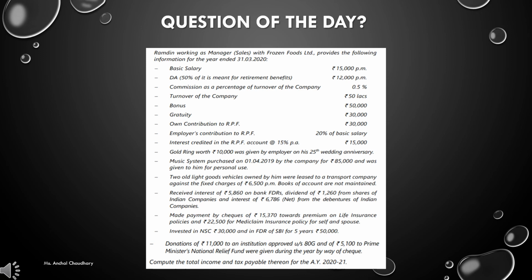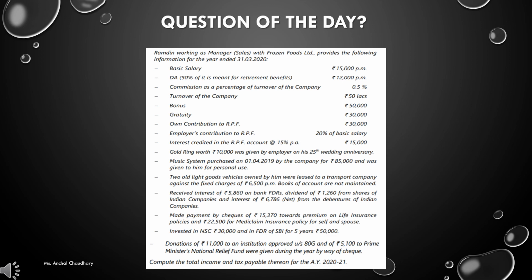Bonus 50,000. Gratuity 30,000. Own contribution to RPF is 30,000. Employer's contribution to RPF is 20% of basic salary. Interest credited in the RPF account at 15% per annum is rupees 15,000. Gold ring worth rupees 10,000 was given by employer on his 25th wedding anniversary.